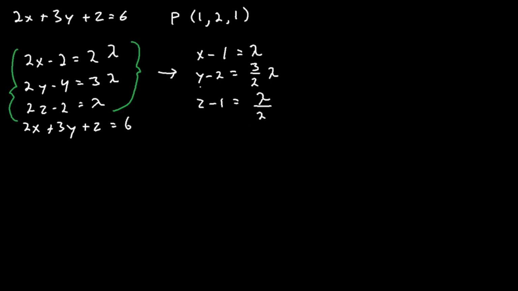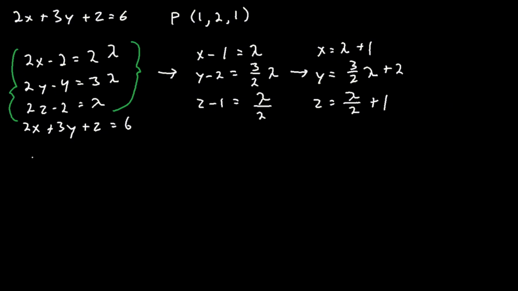Then once you do this, you can isolate the variables: x is equal to lambda plus 1, y is equal to 3 over 2 lambda plus 2, and z is equal to lambda over 2 plus 1.